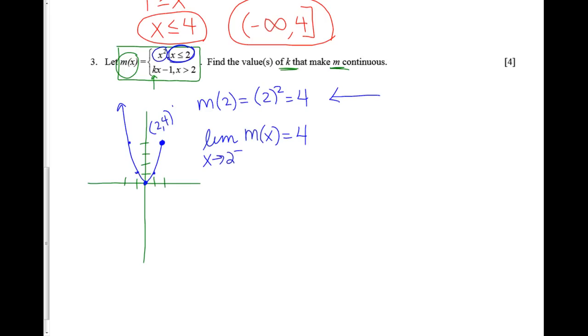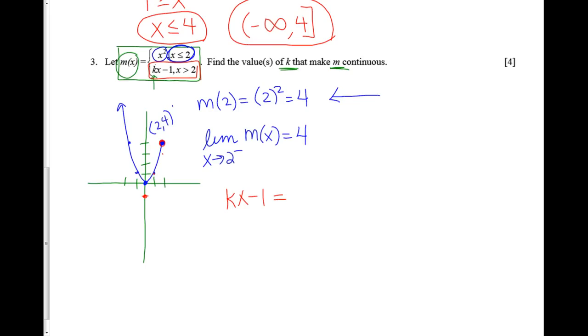In this case, I can see from my picture clearly that's happening because I'm on that left branch. The final piece that has to happen would be that the second branch, this function kx minus 1, that line is going to have to meet up with this solid dot. So that line has a y-intercept of -1 and a slope of k. So it's moving along up here.